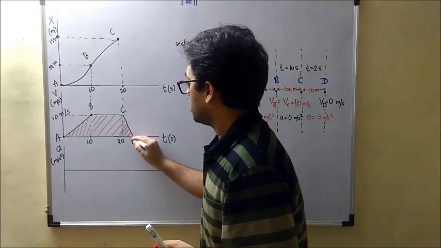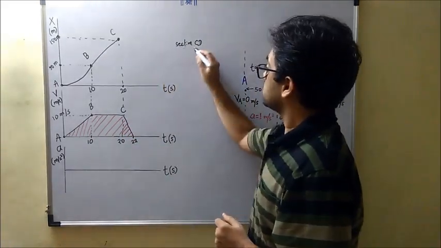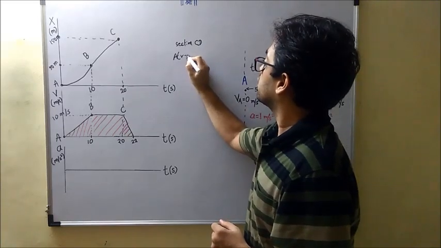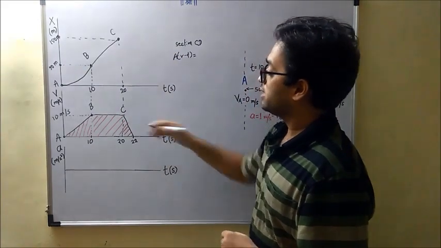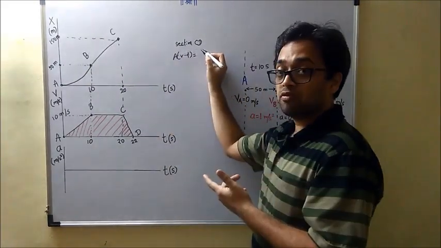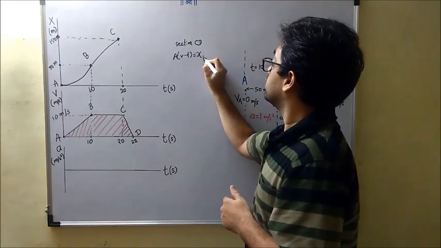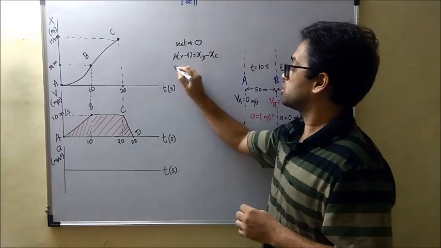Now what is the area under the VT curve? Same principle once again. Area under section CD. So area under the VT curve should give you change in the position for your CD section. Now this is D, right? So for the CD section, we will get XD minus XC, final position minus initial position.